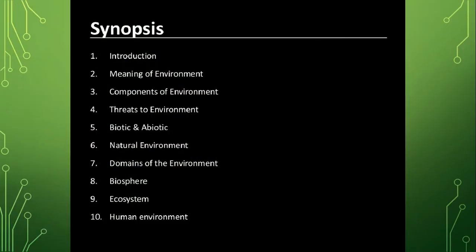Today, we will learn in this chapter the introduction, meaning of environment, components of environment, threats to environment, biotic and abiotic things, natural environment, domains of the environment, biosphere, ecosystem, and human environment.